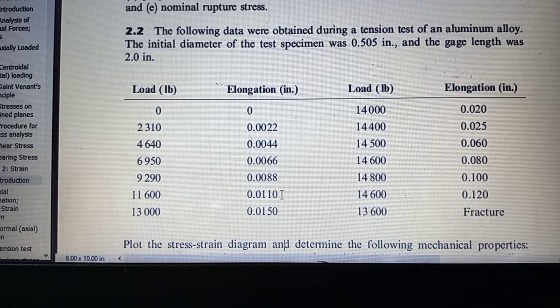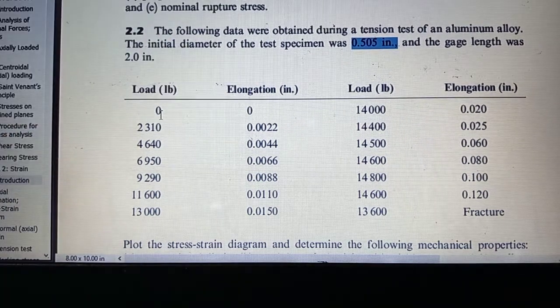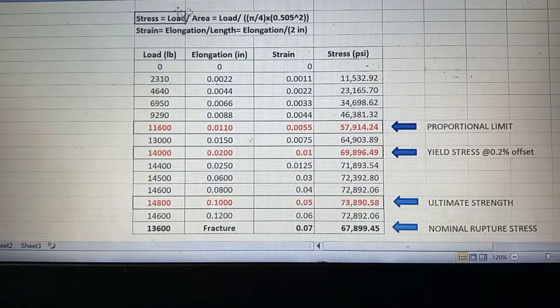Stress is equivalent to the applied force, in this case the load, over the area. Here the initial diameter of the test specimen is 0.505 inch. Stress is equivalent to load over area.